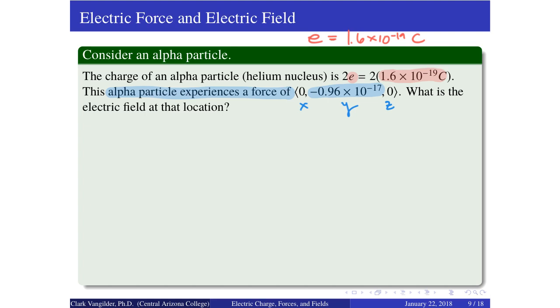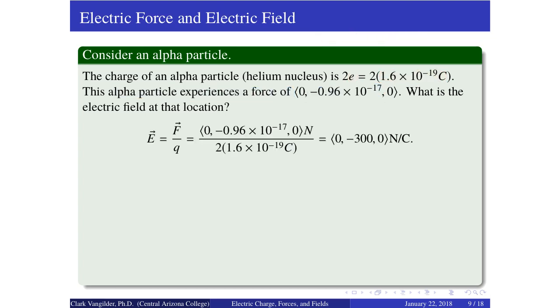Really I'm dealing with a magnitude here. I have a single direction on this force, minus y direction. So what's the electric field at that location? This is an example cooked up simply so we could use that formula we just went blurry-eyed on a minute ago. That's all we're doing here. So we call out this equation.